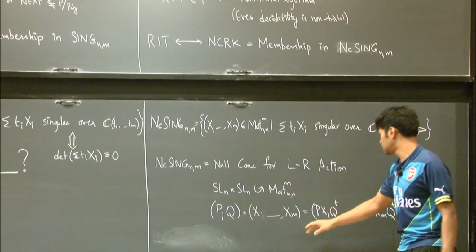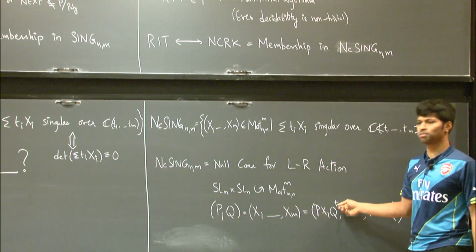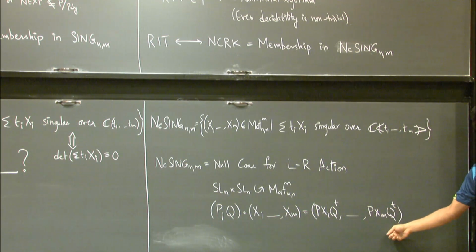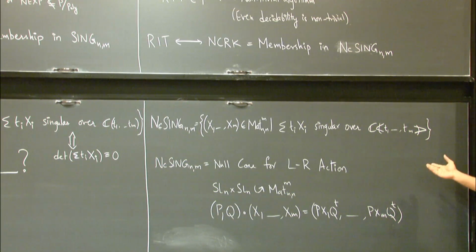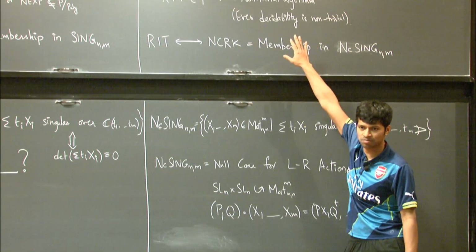And the way it acts is one of the SL_n's acts by left multiplication and the other one acts by right multiplication with transpose for each of the matrices. Okay. Now, what I want to stress is that this feature is crucial in giving this polynomial time algorithm.